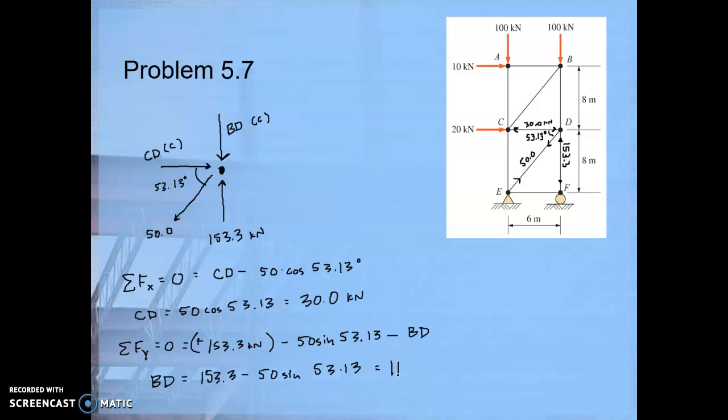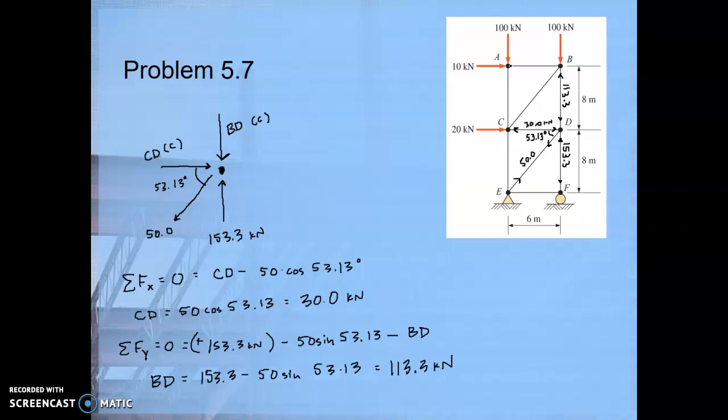That gives me 113.3 kilonewtons. And that's in member BD, and we said that was in compression. So it's pushing out in both directions. 113.3. So we're kind of working our way up the truss. We've found 1, 2, 3, 4, 5, 6 of the truss forces so far. That leaves just 3 more to go.